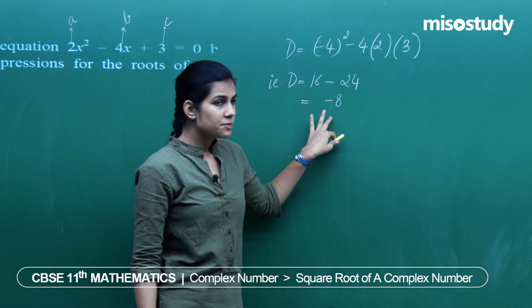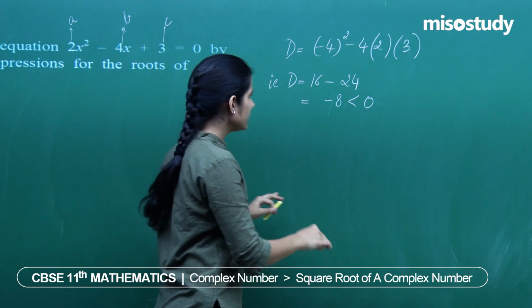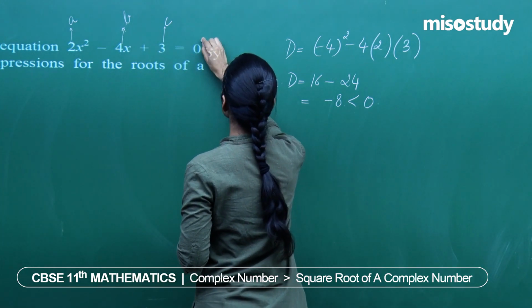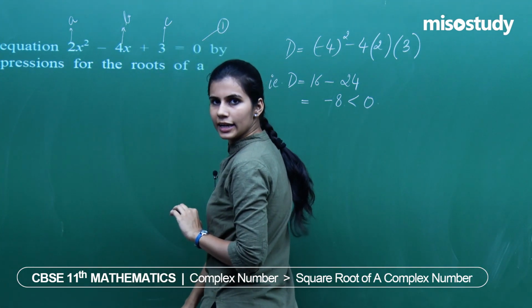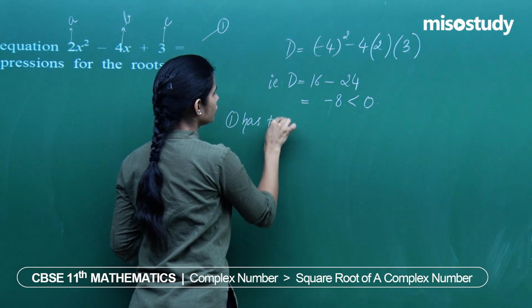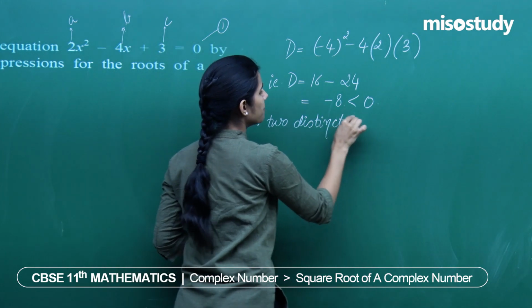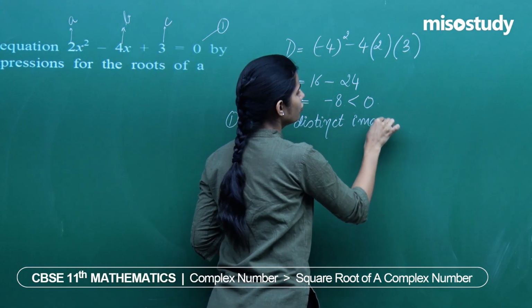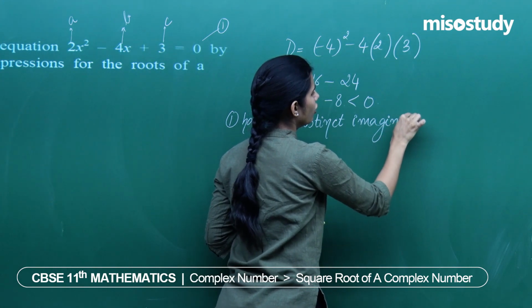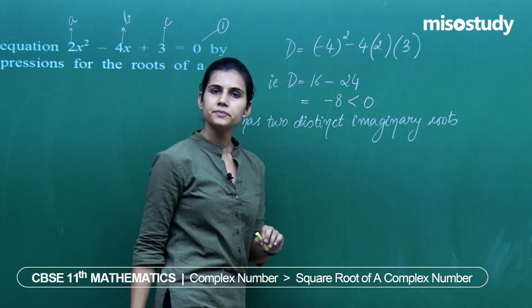If discriminant is −8, this is less than 0. If I call this equation number 1, in this situation one has two distinct imaginary roots. There will be no real roots. Obviously there will be imaginary roots, two and distinct. Clear?